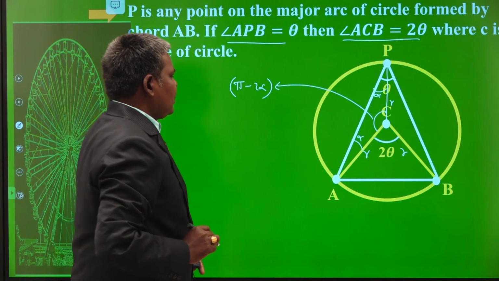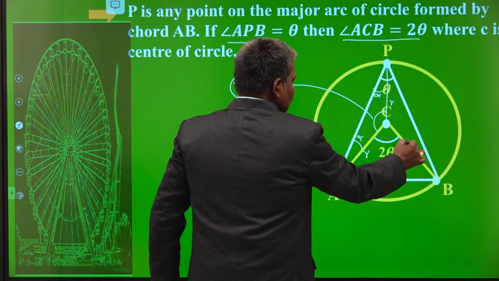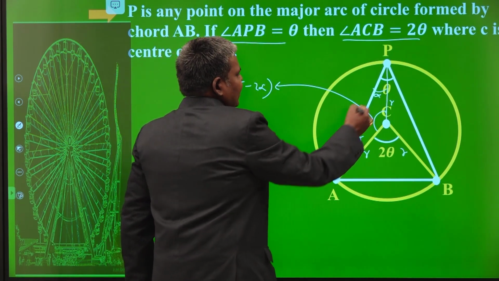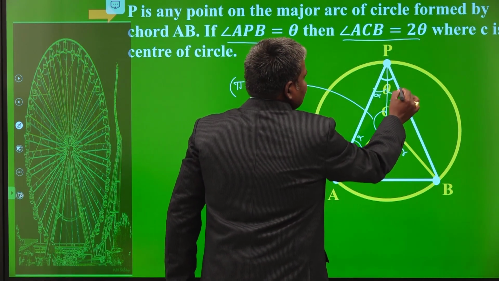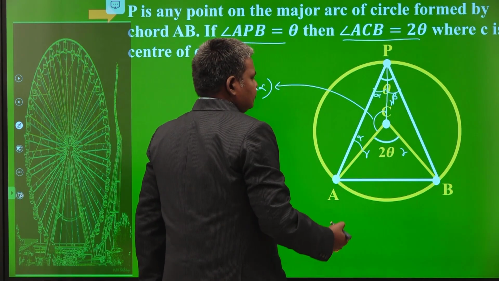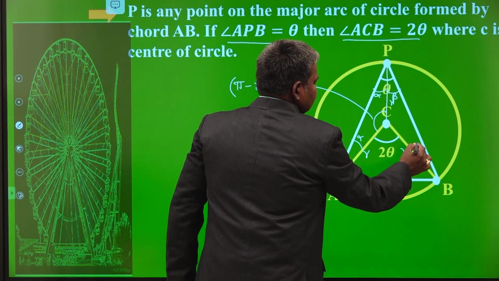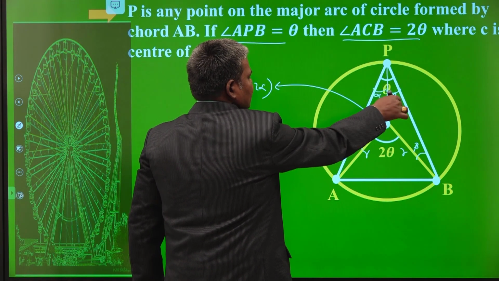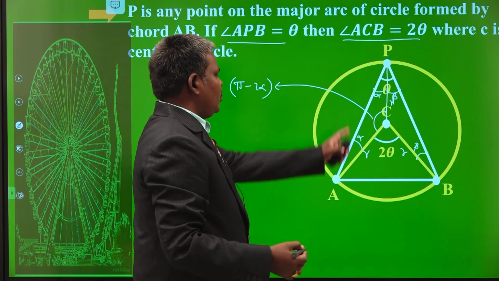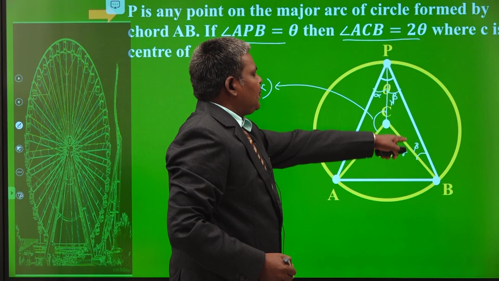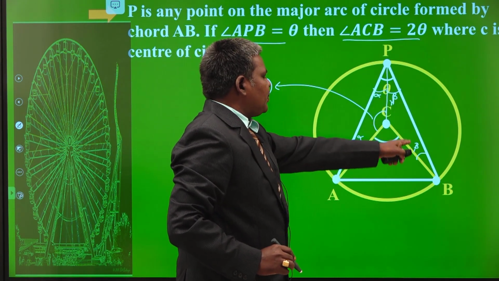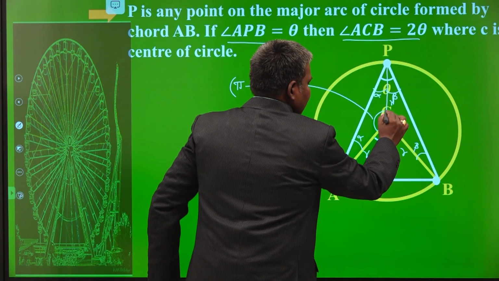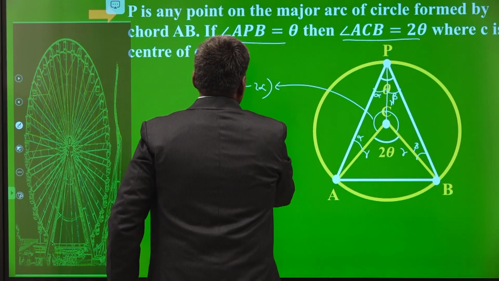In the same manner, these two are equal, same R and R. Immediately you can write, if you take beta, here is also beta. You can directly take alpha because these are two congruent triangles, but without confusion, I am taking beta. If it is beta, automatically this is also beta because these two lengths are equal. Now, what is the angle here? The angle is pi minus 2 beta.